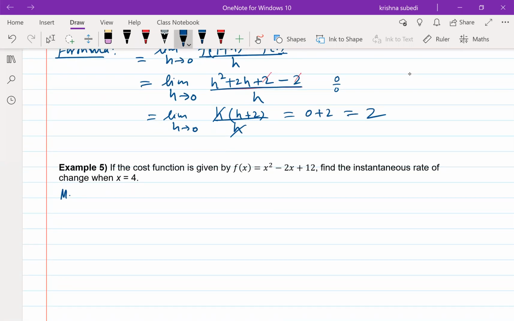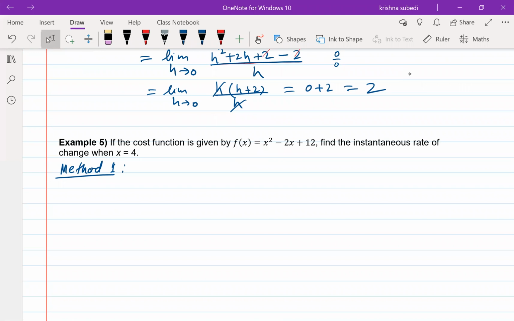First, let us look at method 1. I suggest that you follow the three-step method. First of all, recall the formula.